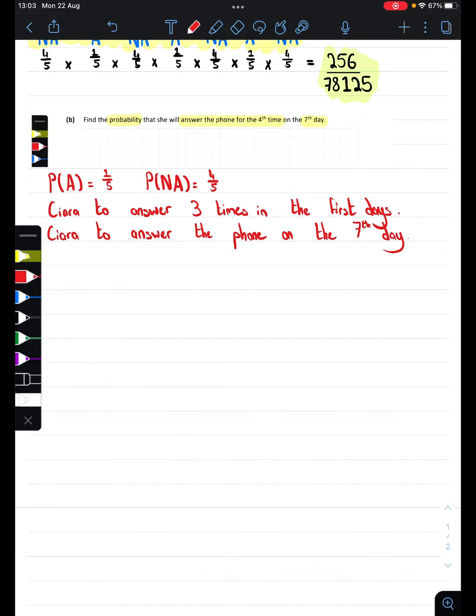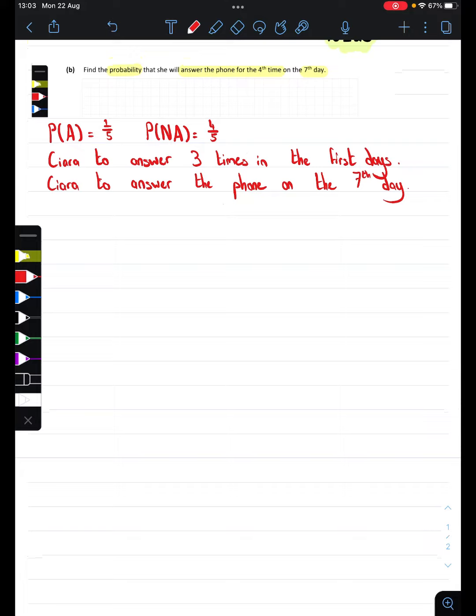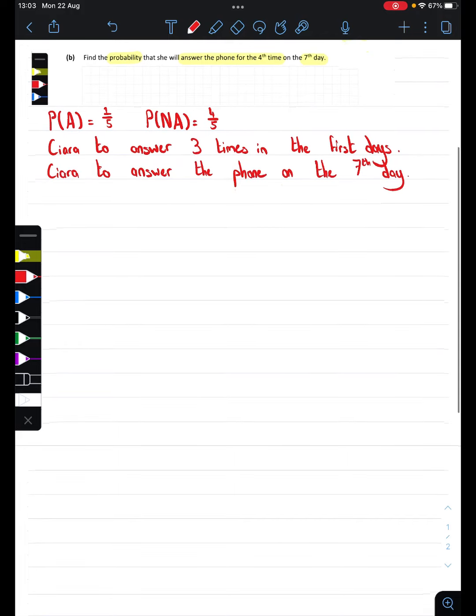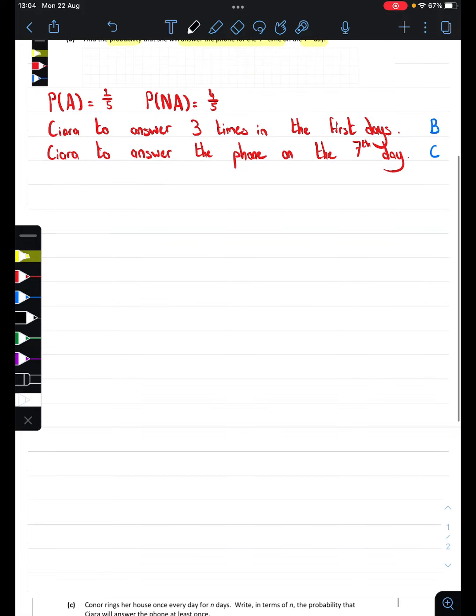Okay, so that's 2 events that we need to look at, and then the probability that both will occur will again be the product of those 2 probabilities. So let's call this B and this C, just these two events, probability B and probability C. So the probability of B, well, we need her to answer three times in the first 6 days.